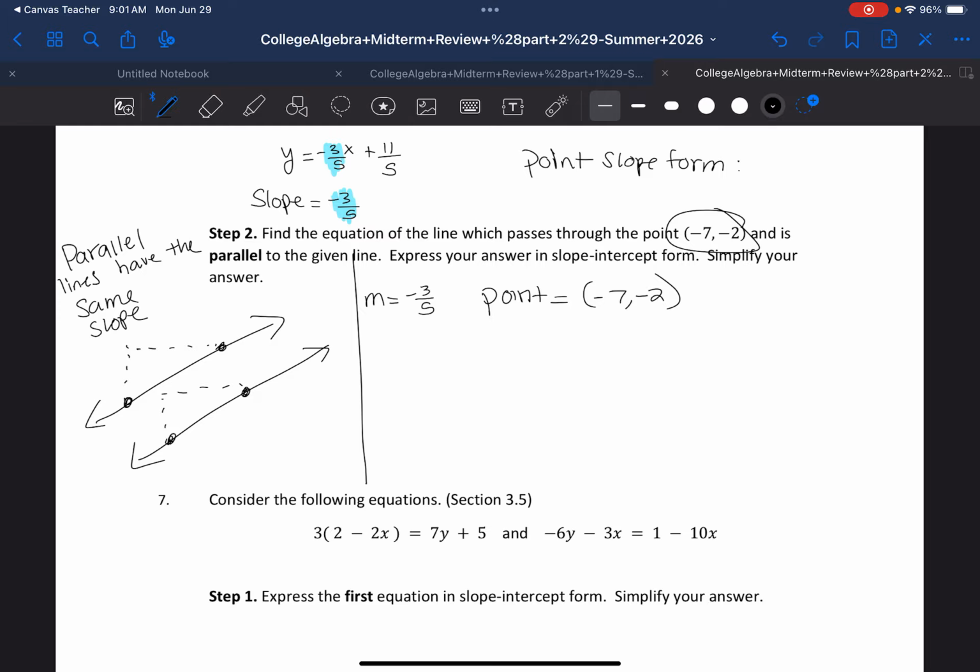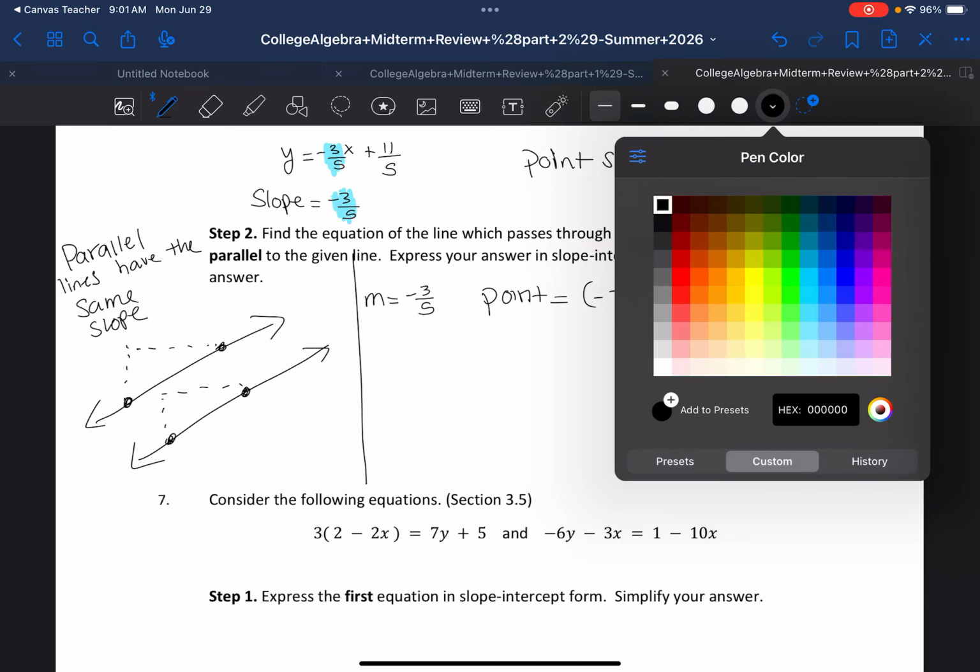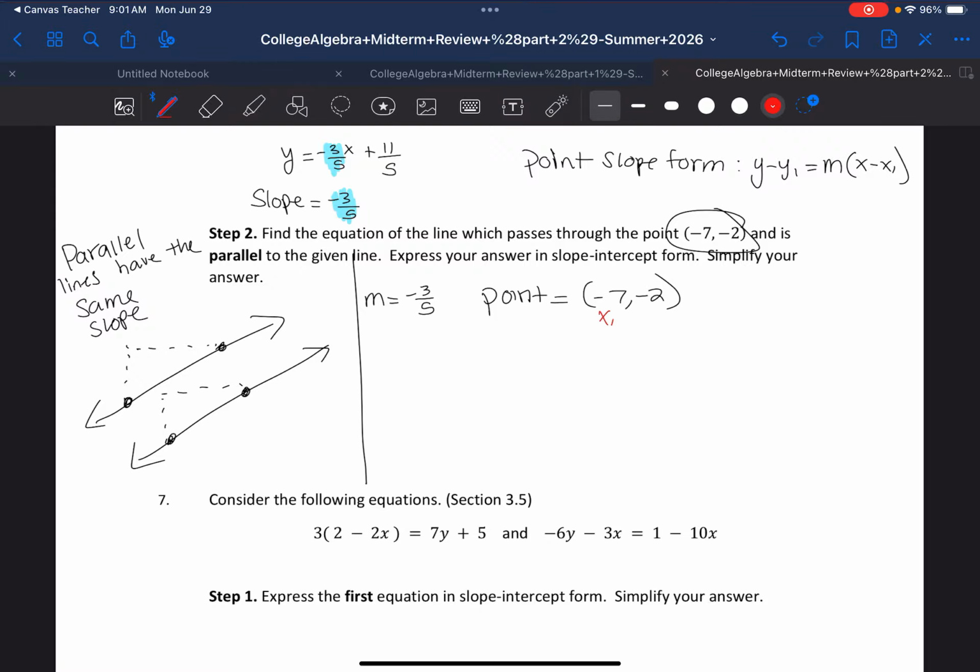of an equation of the line, which is y minus y1 equals the slope times x minus x1. This is point slope form, where x1 and y1 will be this point here that they gave me.